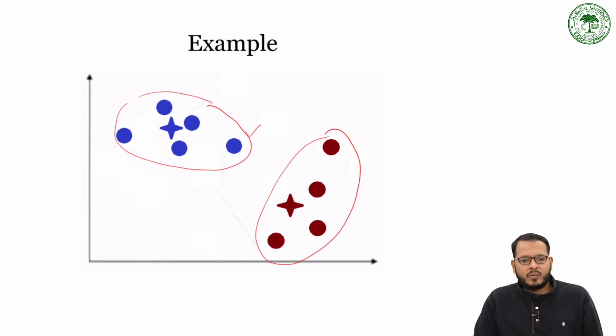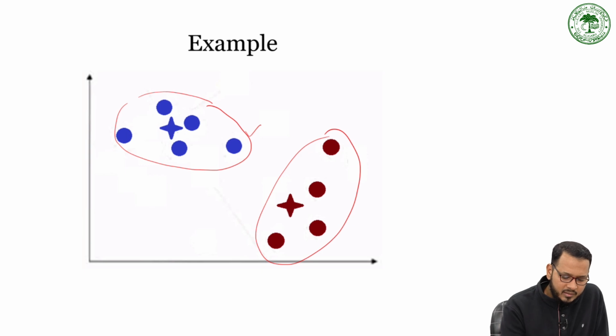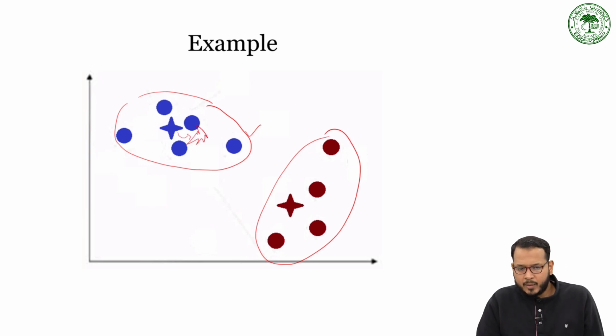That is, we will once again update the location of the centroid. Maybe this centroid will shift somewhere here. Similarly, we will update the location of the brown centroid. We will once again check whether some points are now closer to the new locations of the centroids, and we will keep on doing that.